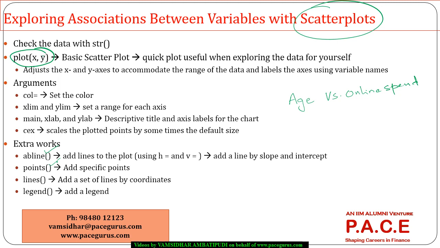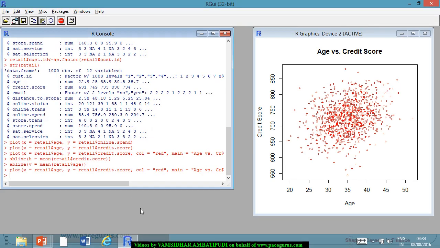Or if I am using lines, I can add some specific lines by setting the coordinates, and legend I can still add. Especially here it's a simple graph, so I don't need any kind of legend. But if I am differentiating it on various counts, it's better that I add some kind of legends as well.